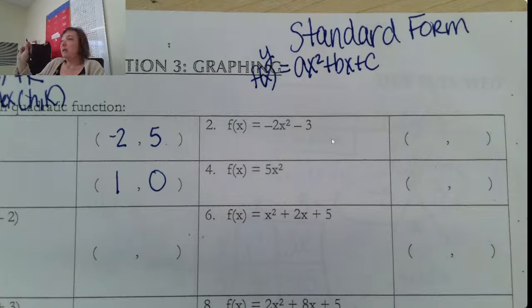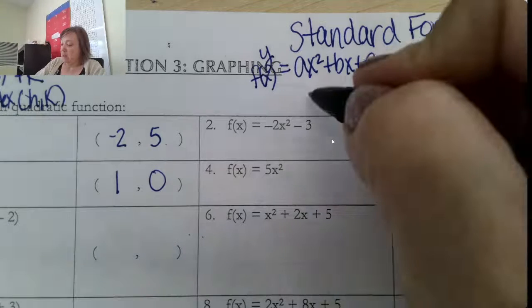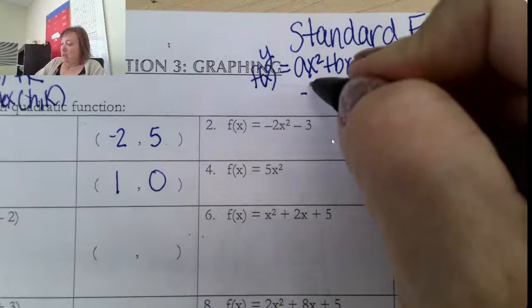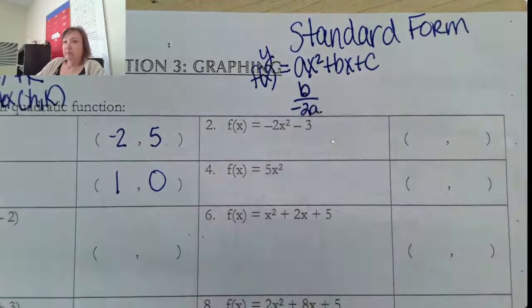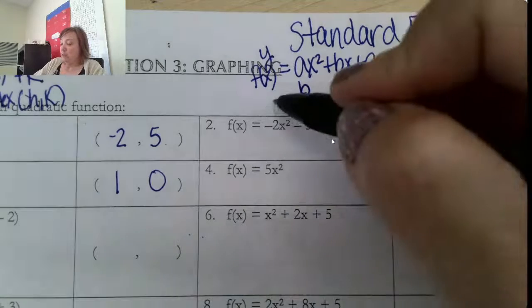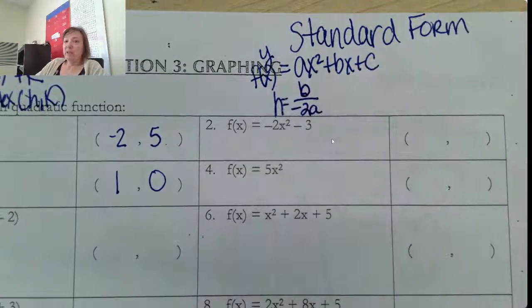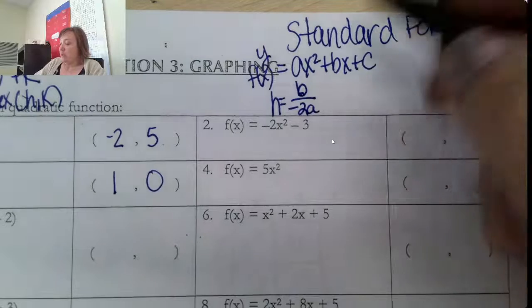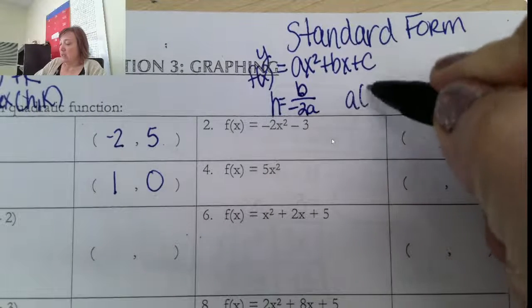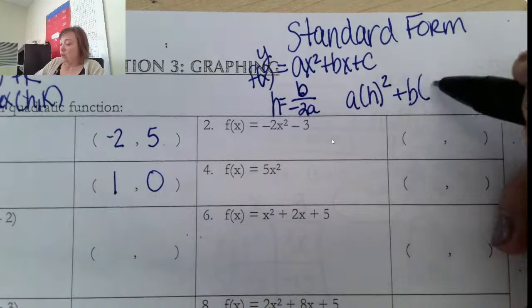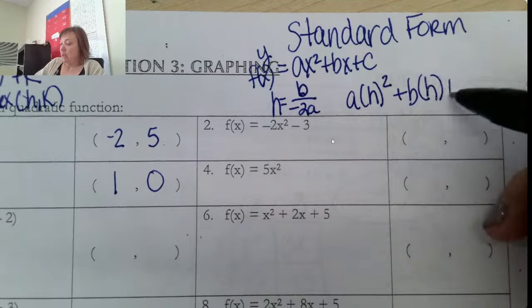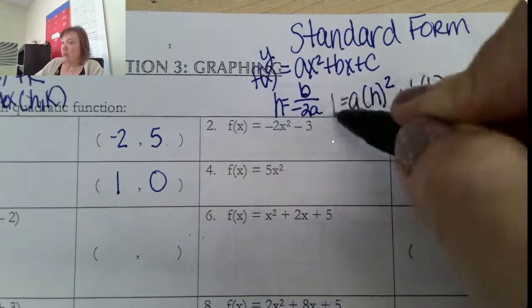And your little teeny tiny little formula is -b divided by 2a. And that gets you h, your h value for your vertex. And then once you have your h value, you stick it in the place of x in your equation.